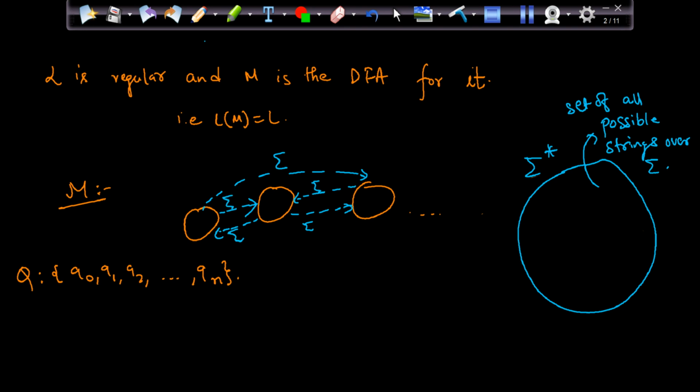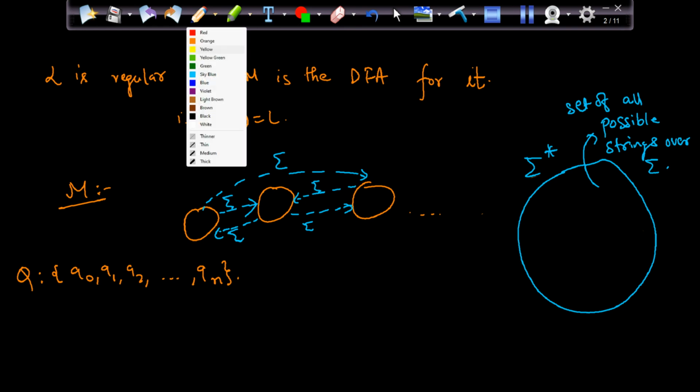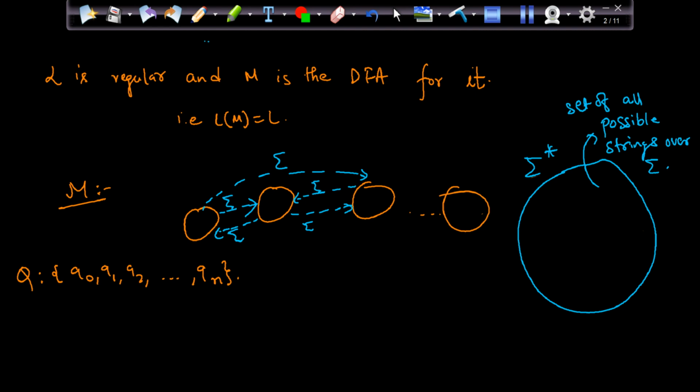This is what any typical DFA is like. Let's say M is the DFA for L, and M has n states: Q0, Q1, Q2, so on, Qn.